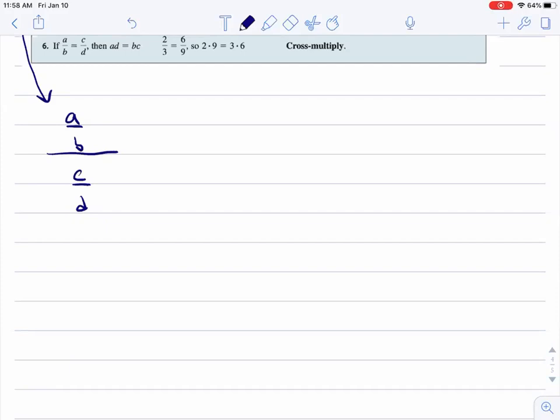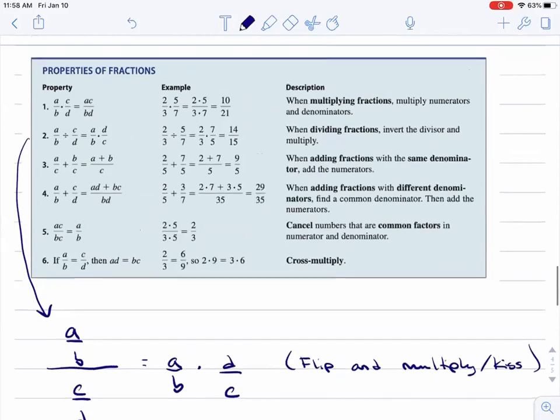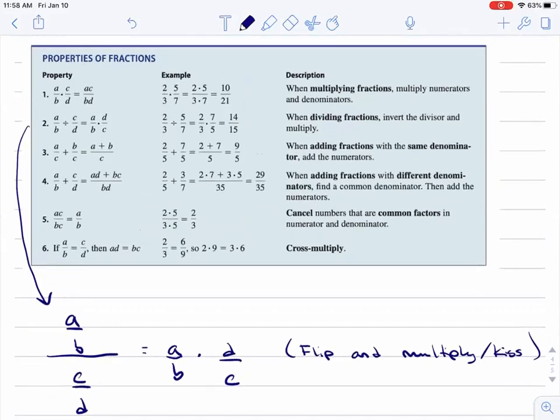So this becomes A over B times D over C. Flip and multiply. Or kiss, depending on which one you prefer. I think that's the only time we'll refer to multiplication as kissing, though.